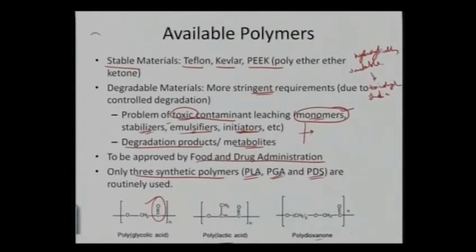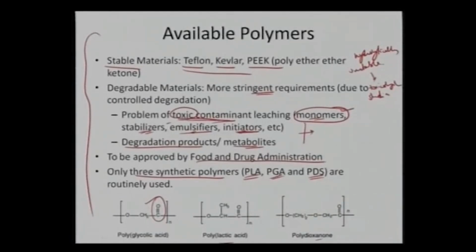So these are the available polymers which are routinely used as biodegradable polymers, though we have certain stable polymers such as Teflon, Kevlar and PEEK. And in terms of developing degradable materials, they have to meet very stringent requirements, such as the toxic contaminant should be absent while the material is being leached out.